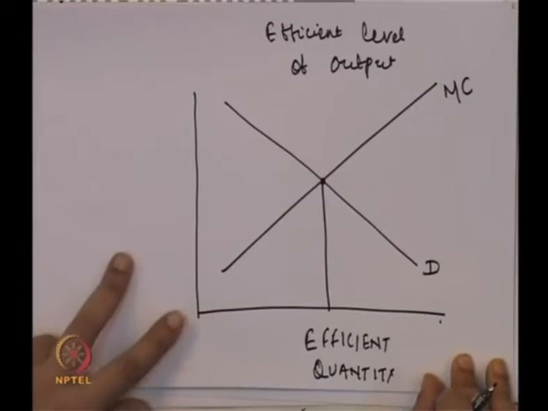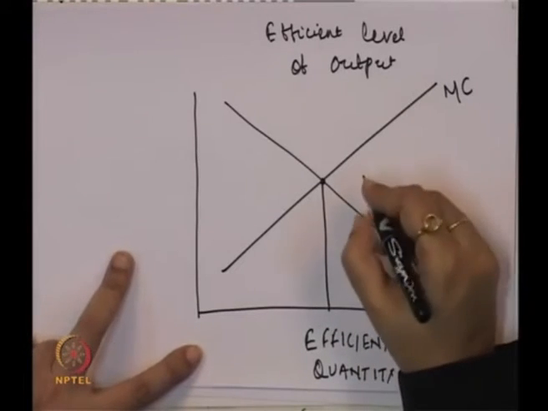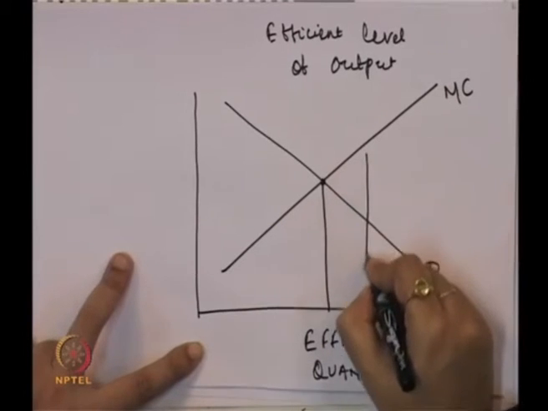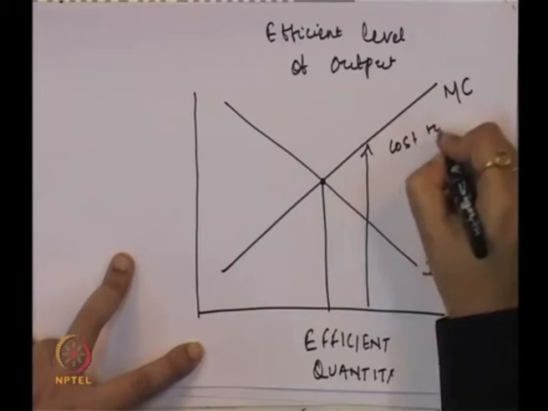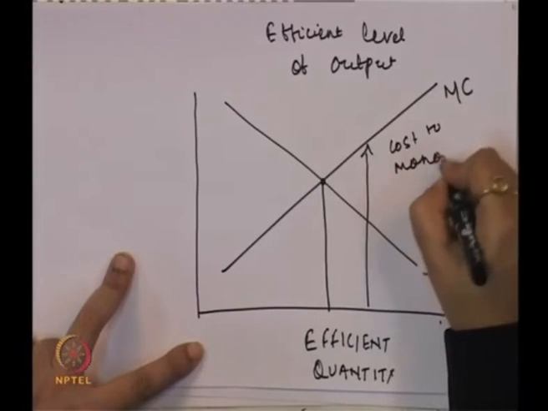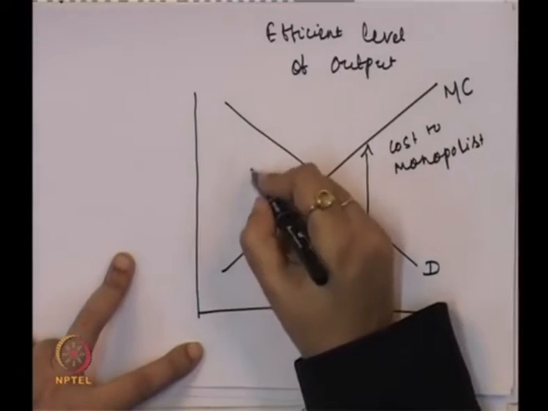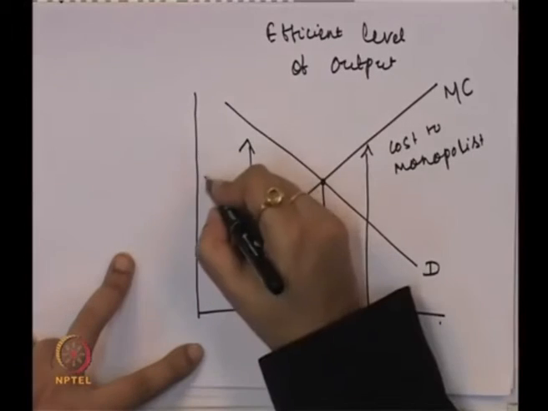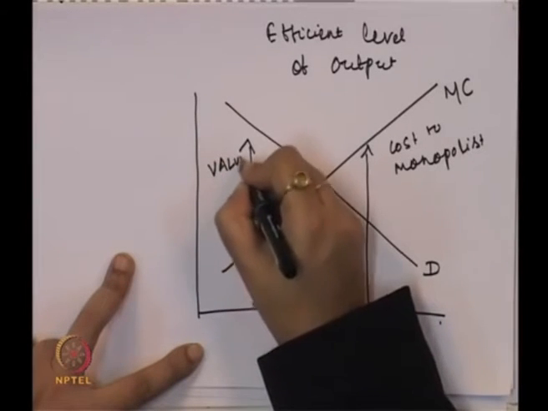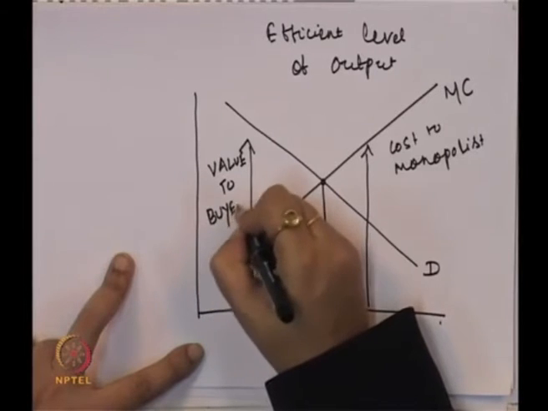Now, if you look at this, MC from here to here is nothing but the cost to the monopolist, and here this is nothing but the value to the buyer.